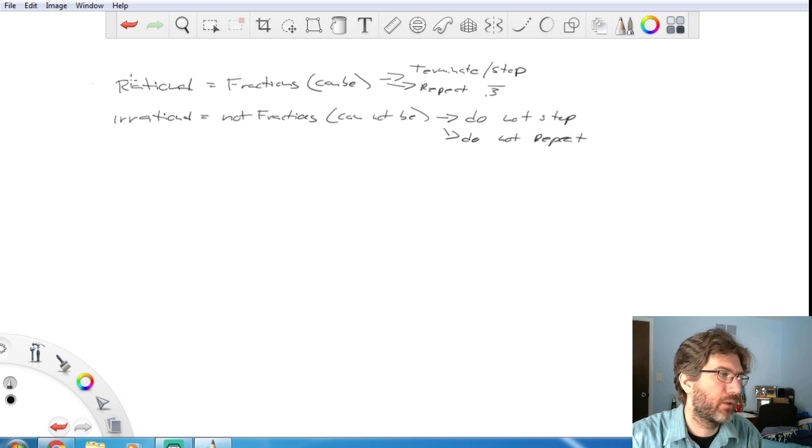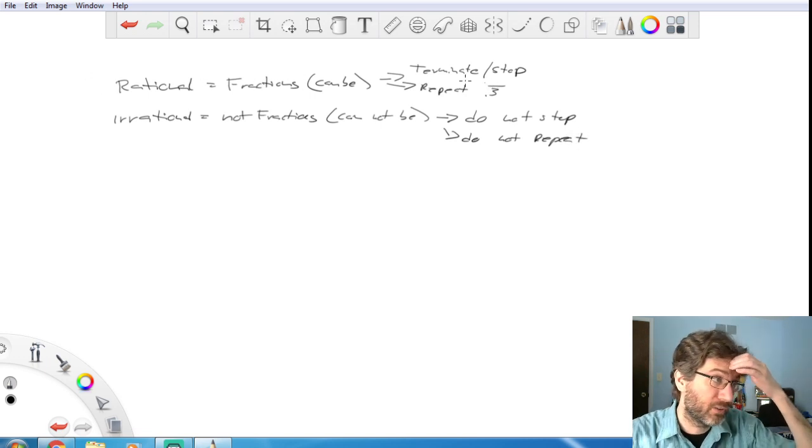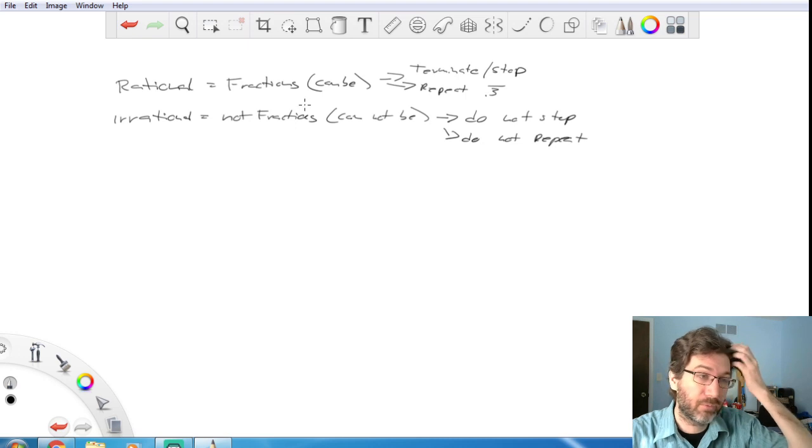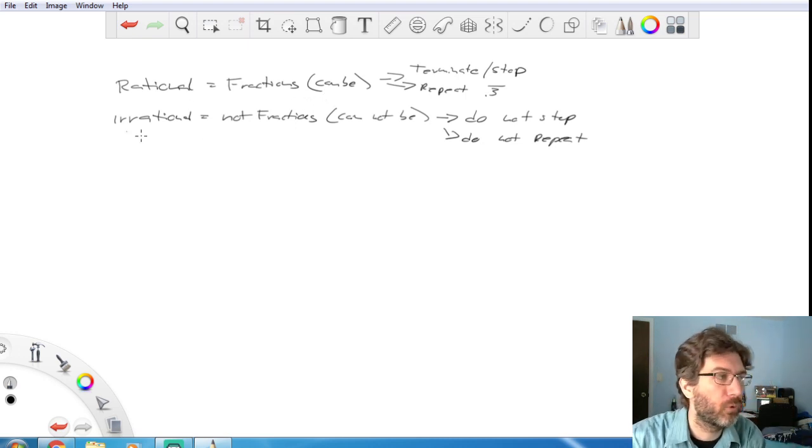You probably know a lot of examples of rational numbers. Irrational numbers, you've probably worked more with them this year than any other year. Irrational numbers are numbers like pi, like e, phi, if you know your golden ratio. Those weird pattern numbers like 0.12, 112, 1112, 11112. See, they don't repeat, but there's a pattern to it.